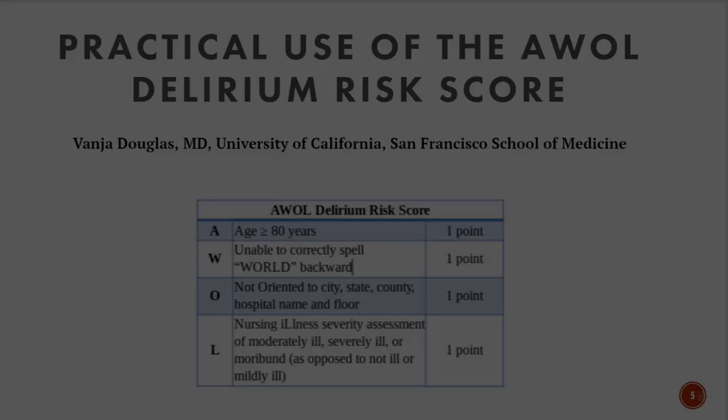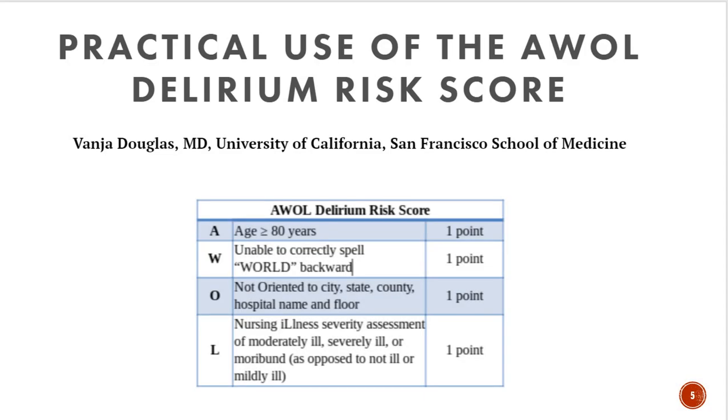Here's another set of criteria that you can use to identify patients that are at risk for delirium. They call it the delirium risk score, or the AWOL, and it's based on different criteria like age, the patient is unable to correctly spell a word backward, and so forth.